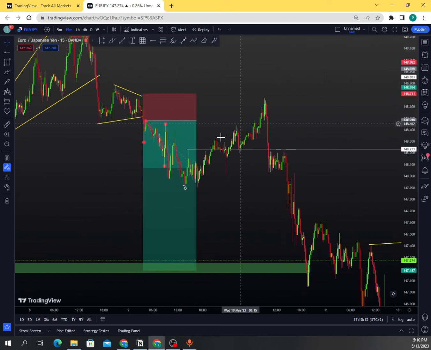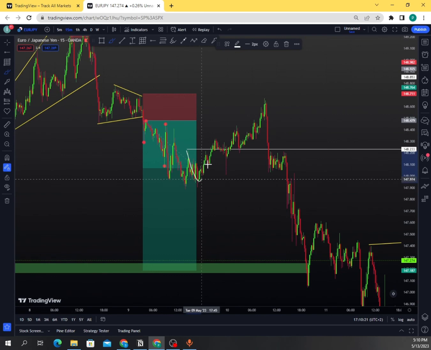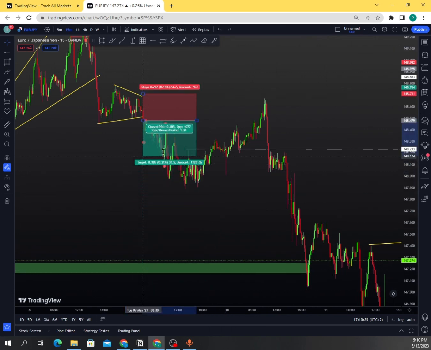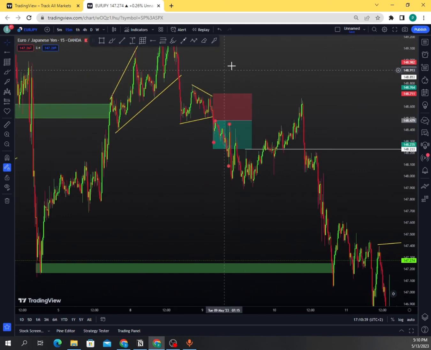So price did what? It started to reverse into the opposite direction that I was looking for the price to move into. So now price took me out here.